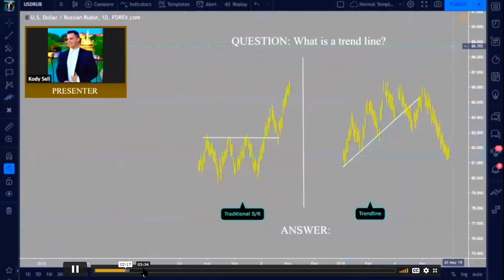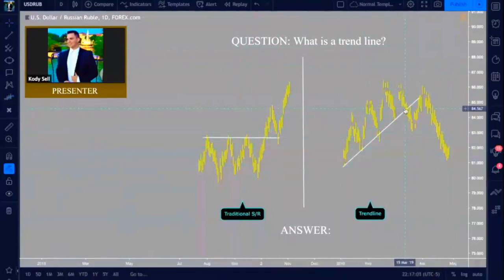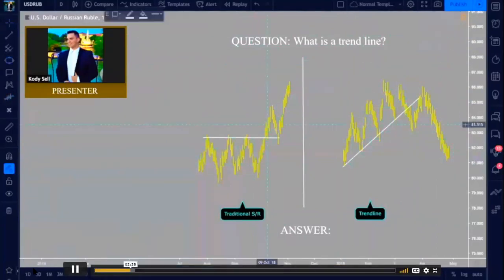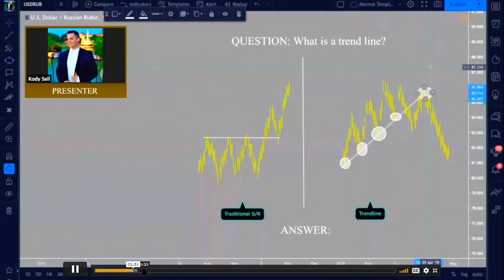If you think about what just happened, they're essentially the exact same thing. Horizontal support and resistance and trend lines function in the exact same way. It's just that trend lines are diagonal. They are angled, not perfectly horizontal. As you can see, they act as support when price is above them, and then they act as resistance once they are broken.